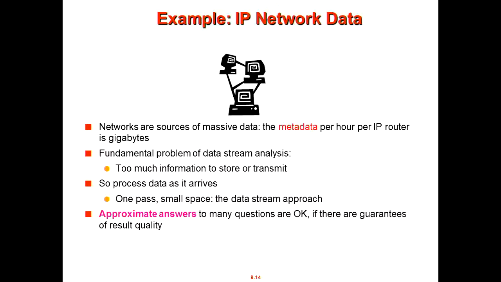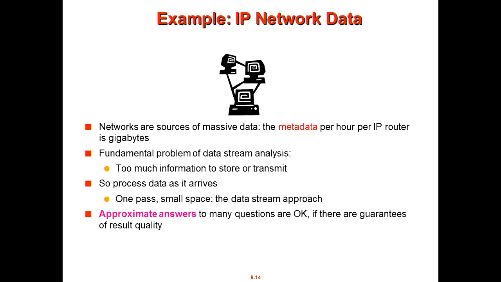Here's one example about IP network data. The network is a source of massive data; the data per hour per IP router is at the level of gigabytes. So the fundamental problem of data stream analysis in this IP network application is that it's too much information to store or transmit, because the volume of the data stream is too huge, and the speed of data generation is also very rapid.